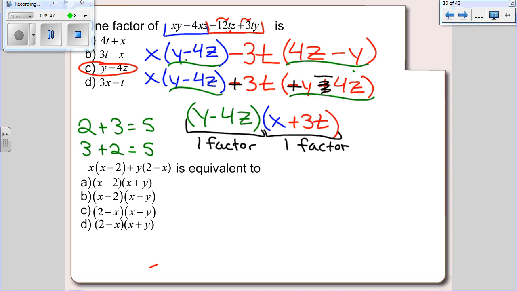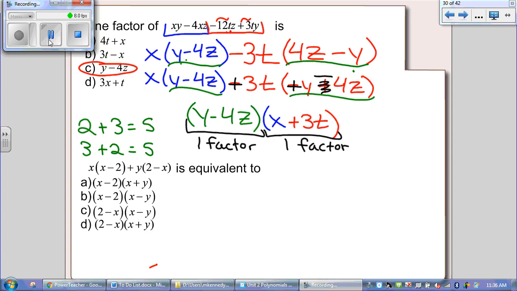Okay, the first step to doing this question is that you notice in your brackets your order is off. This one goes X and then 2. This one goes 2 and then X. So you need to reorder one of them. I'm going to reorder the second one.